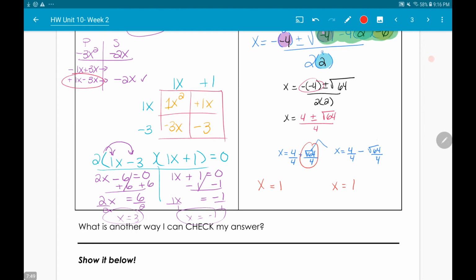So I'm changing this out for a 2. And we can go ahead and add those. I see that my roots are exactly the same as when I did it with factoring. So you can essentially choose which method to use algebraically in this case.